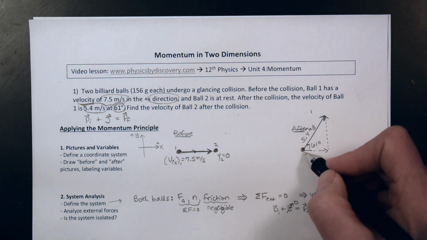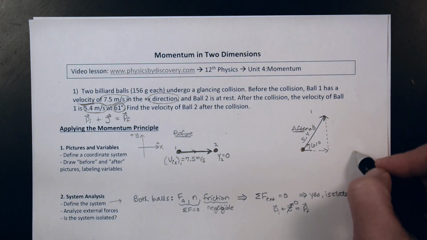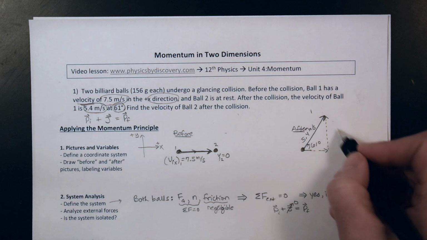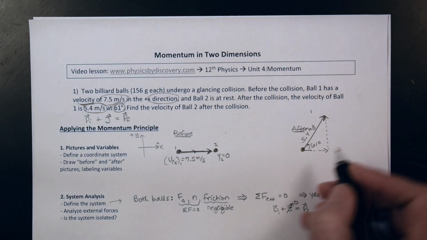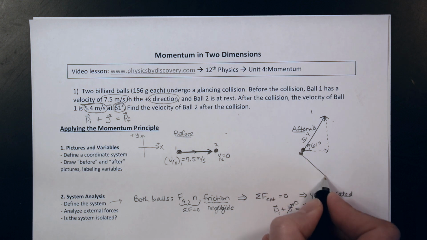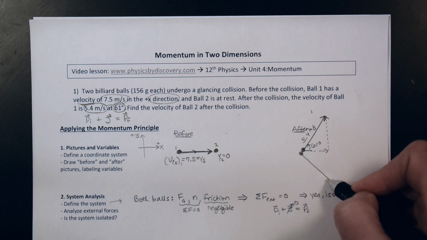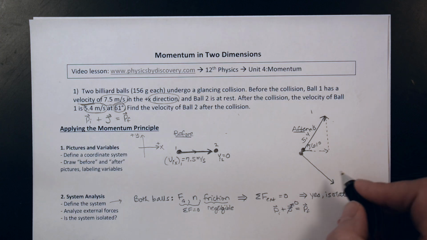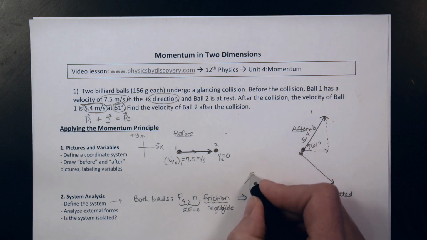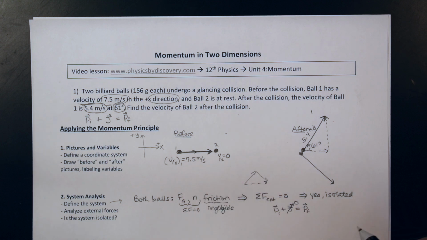The only way this vector could add to something else and get something horizontal is if the second vector is at a downward angle. So ball 2, I predict, is going to be going in this direction, so that this plus this could equal a horizontal vector.